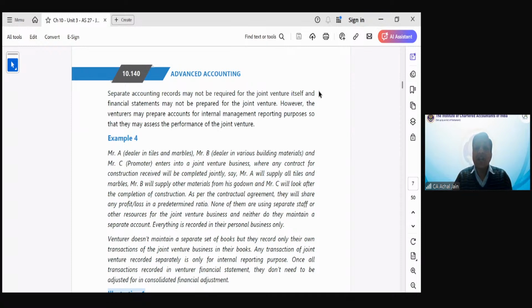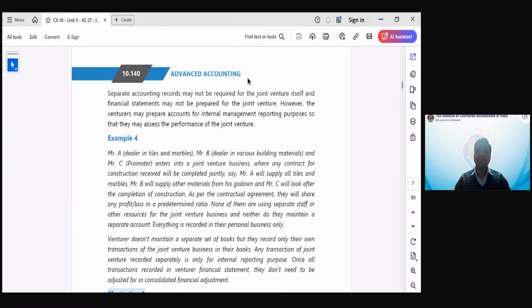As per the contractual agreement, they will share their profit and losses in a certain ratio. What is that ratio? We don't know. Does the profit sharing ratio matter to us? No, it doesn't matter to us.